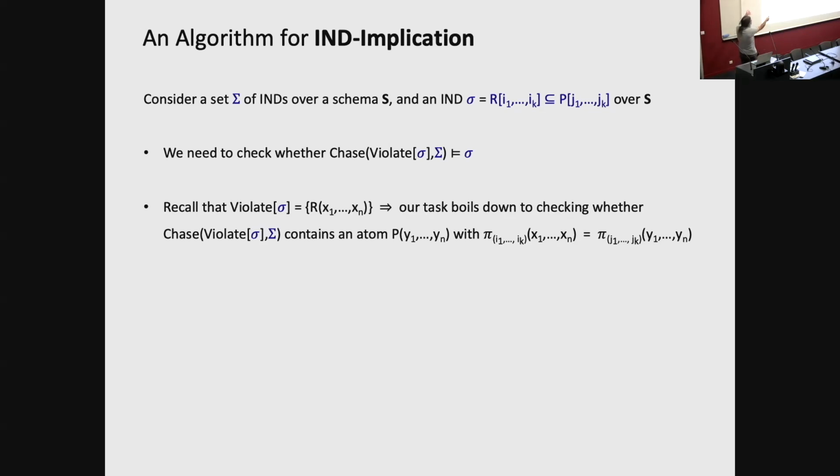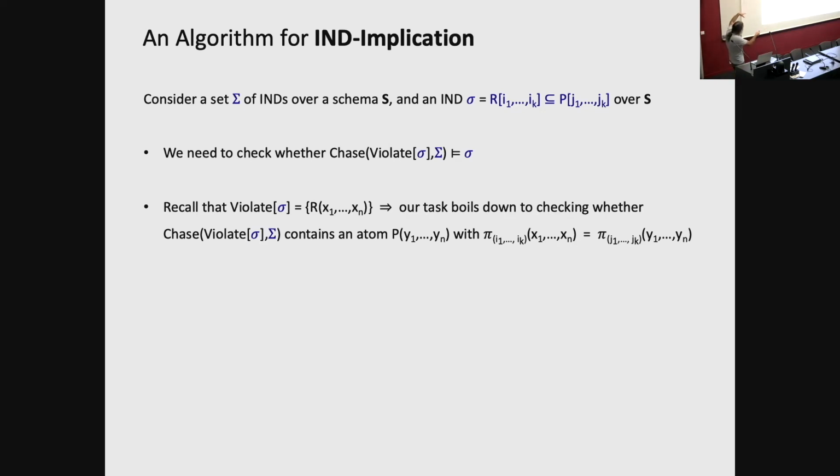So starting from R(x1,...,xn), the question is: will the chase eventually produce an atom P(y1,...,yn) where this equality holds? So checking for satisfiability essentially asks for that. Does the chase generate an atom of this form? Do we agree with that?